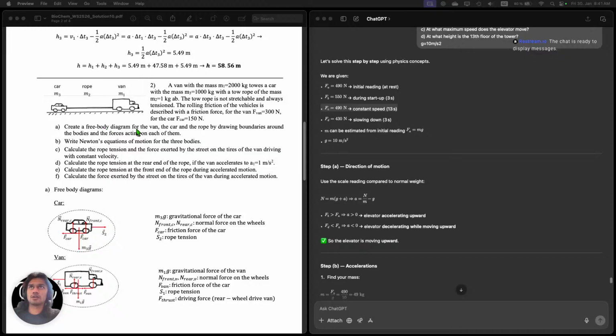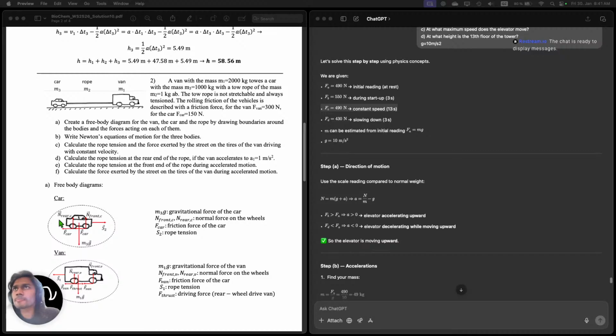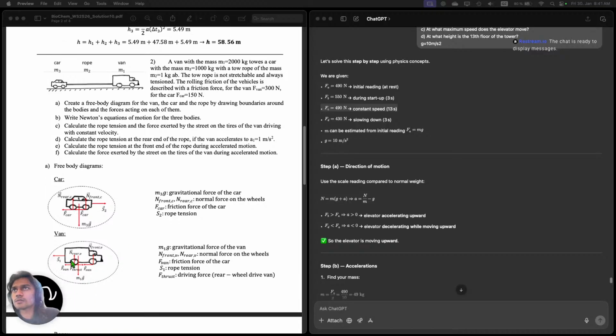Create a free body diagram for the van, the car, and the rope by drawing boundaries around the bodies and the forces acting on each of them. Rear and front friction for the car, force downwards.